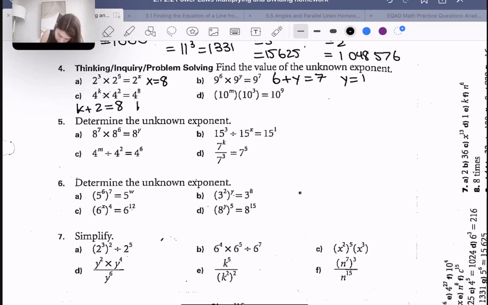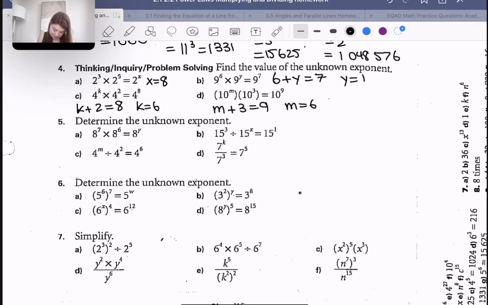So therefore, k would be equal to 6. Good. And then we have D, which is m plus 3 would give us 9. And so m would be 6. So there we go. Awesome.